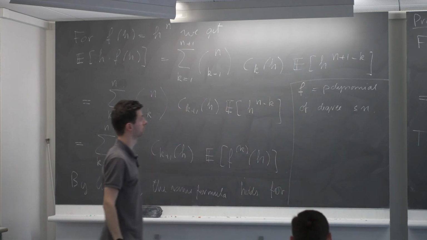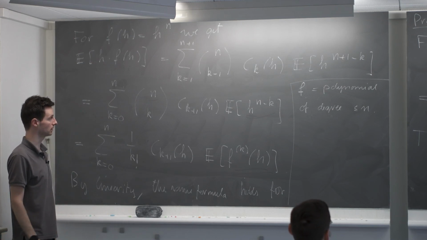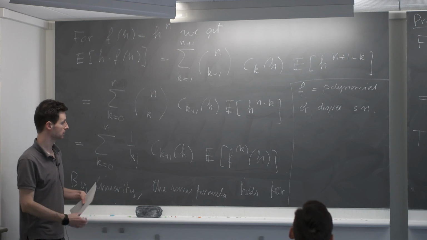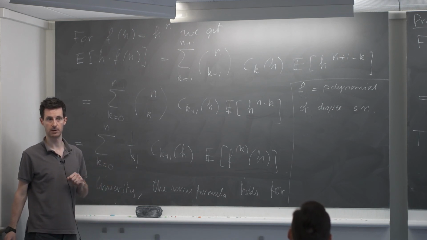A polynomial of degree less than or equal to n. So if you take a polynomial of degree less than or equal to n, then the result of this cumulant expansion is exact without a remainder term.